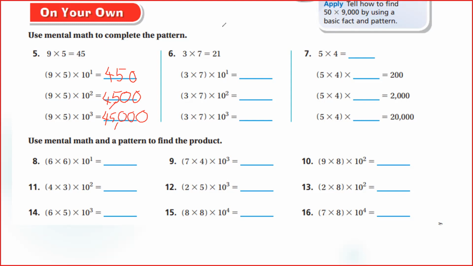Okay, Matab. 3 times 7 is 21. Now, 3 times 7 times 10 to the power of 1. What is the answer? Can you raise your voice?